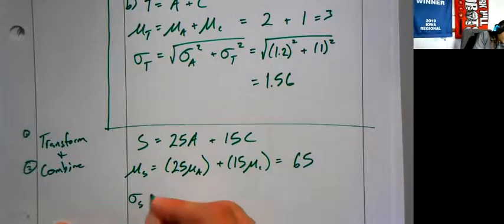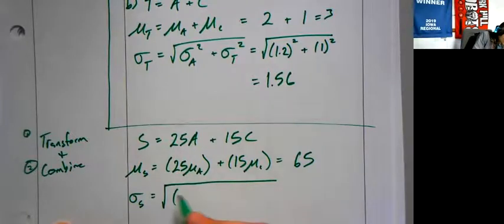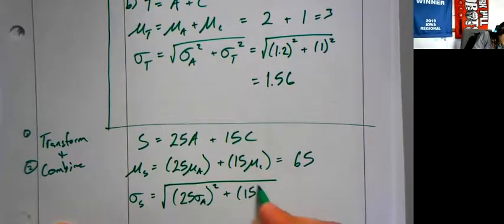Standard deviation of S, well, normally we would add the squares, but we've got to multiply by 25 too. So we're going to do that: the square root of 25 sigma A squared plus 15 sigma C squared. When you do that, that becomes 25 times 1.2 quantity squared plus 15 times 1 quantity squared.